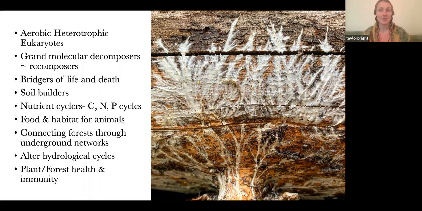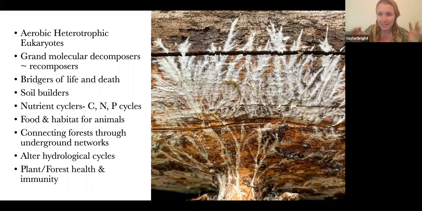But the fungi do it in a really cool way where in their hyphae, you can see this really beautiful picture of mycelium right here. So imagine each of these little white tendrils, they all have the ability to exude enzymes.